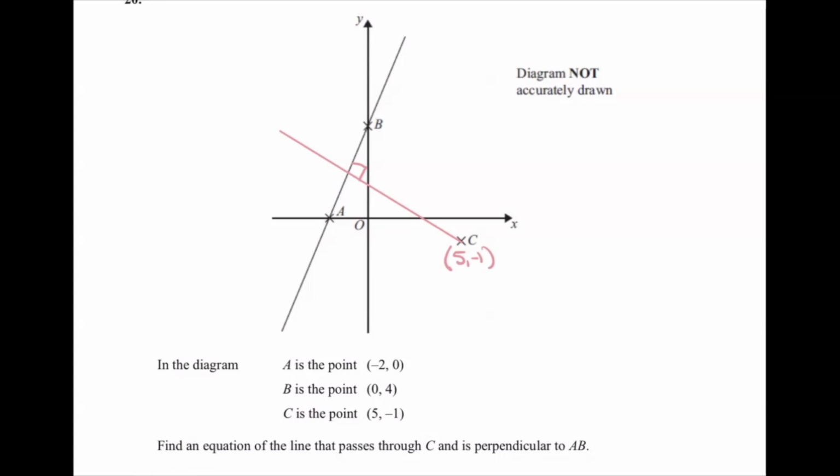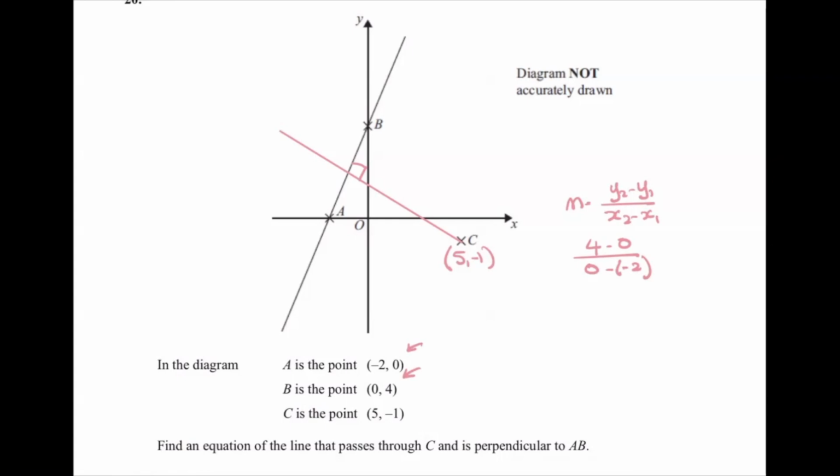I'm going to use the gradient formula, m equals y2 minus y1 over x2 minus x1. That will lead to 4 minus 0 over 0 minus minus 2. And if you need to, you could always label up these with the subscripts y2, y1, so that it's just easier to make that substitution.